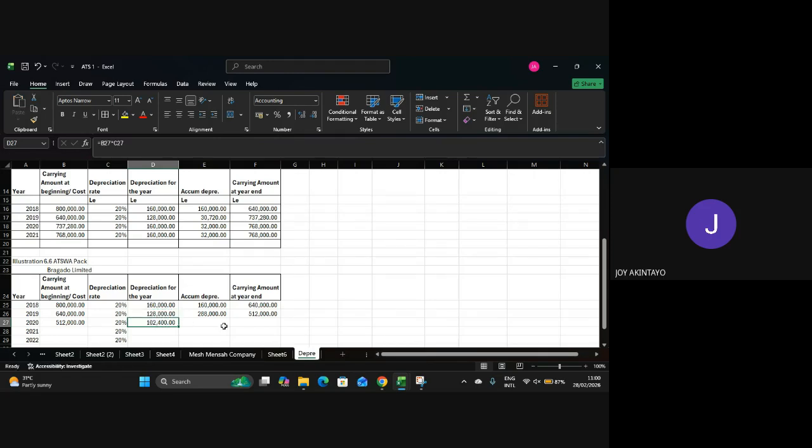So we have 102,400. So addition of our accumulated depreciation with this.